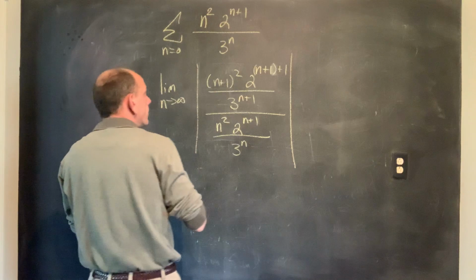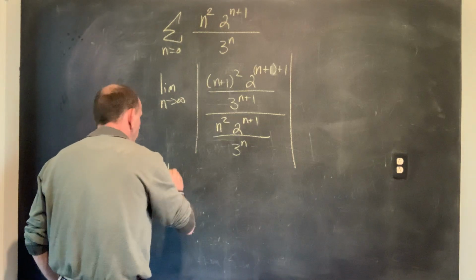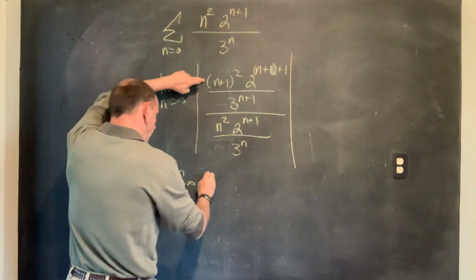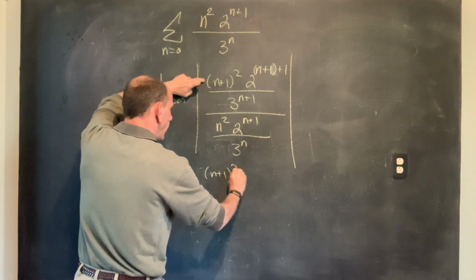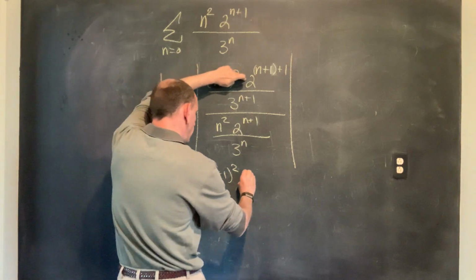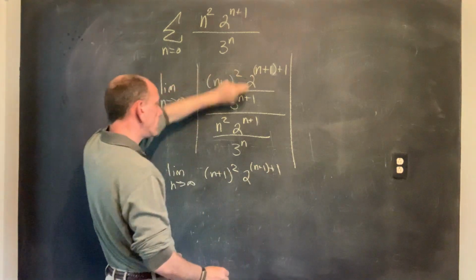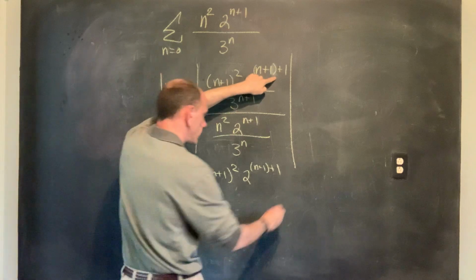This will flip up. So let's see, we've got limit as n goes to infinity. We have the n plus 1 squared, 2 to the n plus 1 plus 1. This 3 to the n comes upstairs.